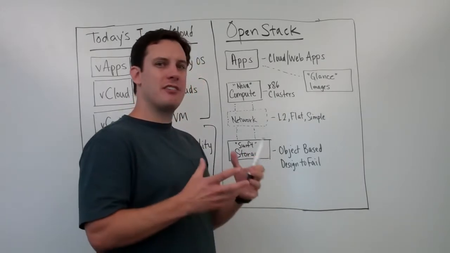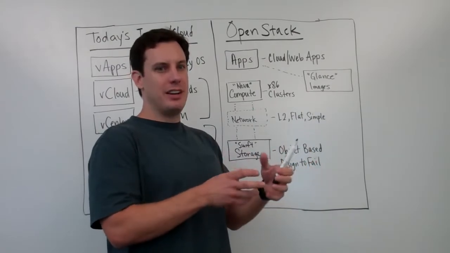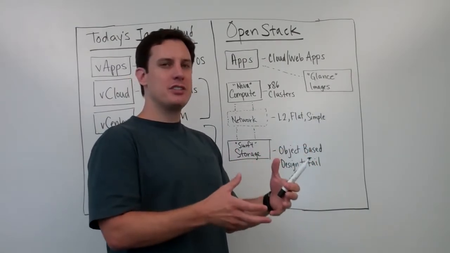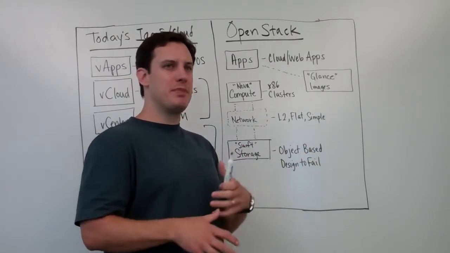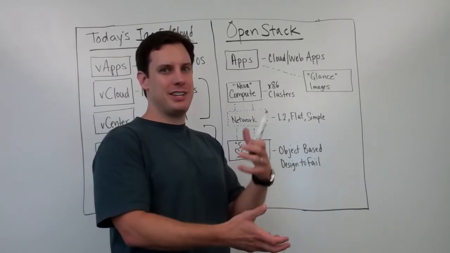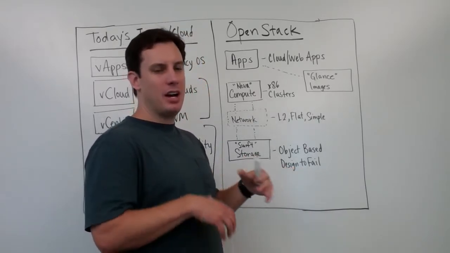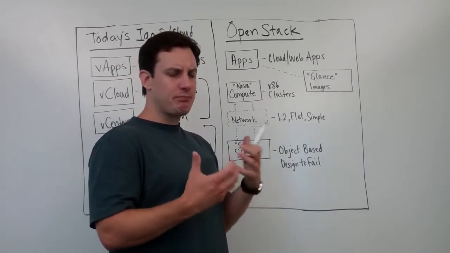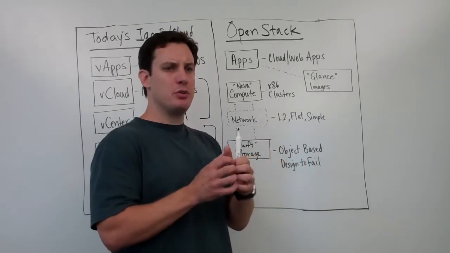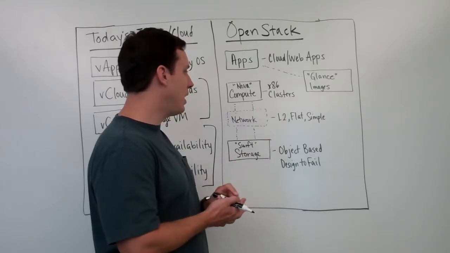The storage piece, instead of being file-based or block-based like we have in today's infrastructure as a service, is going to be object-based. So instead of being based on file systems or block-based systems, iSCSI, FC, things like that, it's based on objects. So it's HTTP-based, puts and gets, a different type of the ability to do very, very scale-out object-based storage.